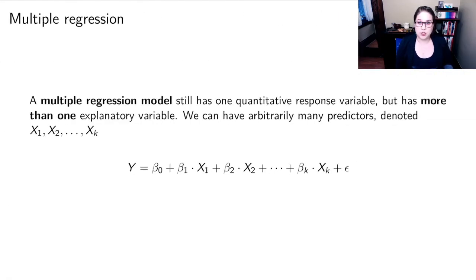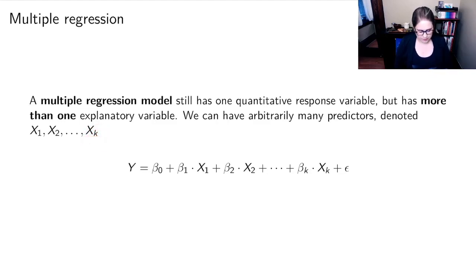But we don't have to stick to just one variable. We can actually do a multiple regression model where we still have just one quantitative response variable, but we can have more than one explanatory variable. And we can call these different variables x1, x2, x3, all the way up through x sub k. That's the kth variable.